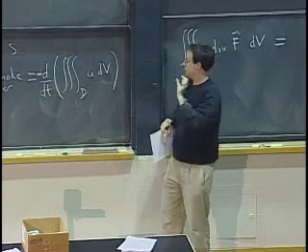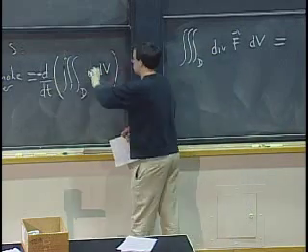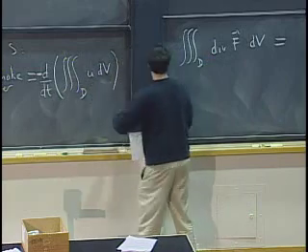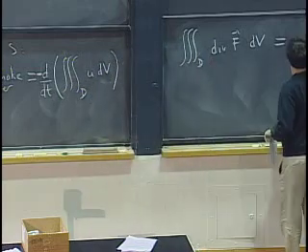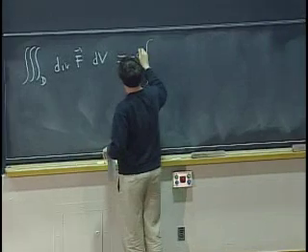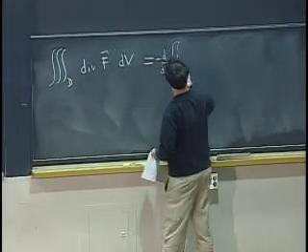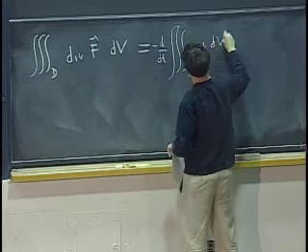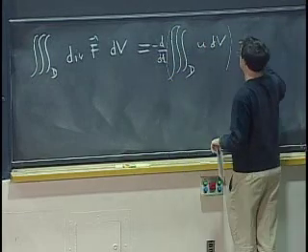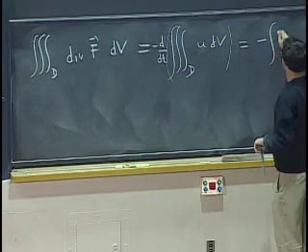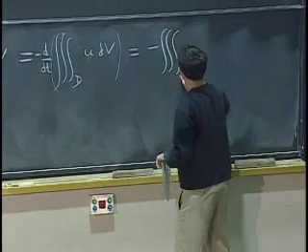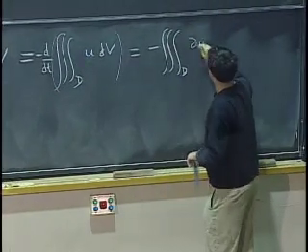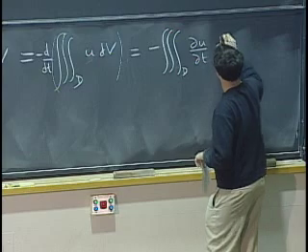So we can actually move the derivative into the integral. So I said minus d/dt of the triple integral over D of u dV, and now I'm saying this is the same as minus the triple integral in D of du/dt dV.